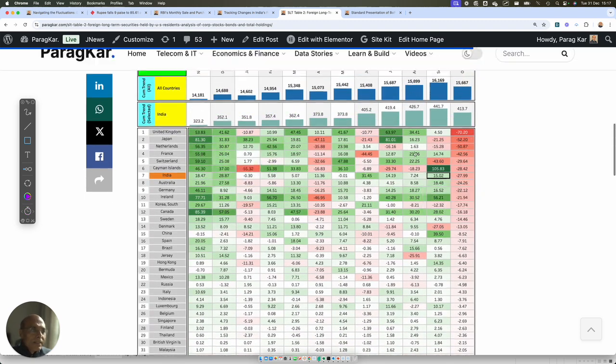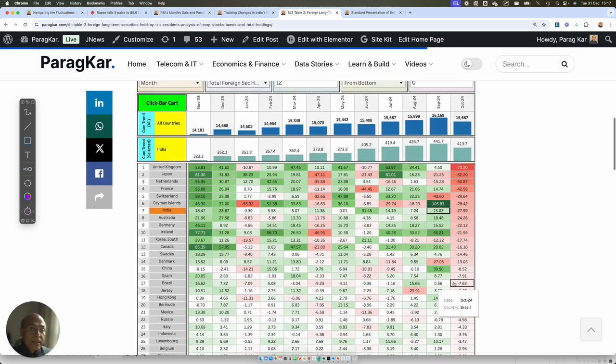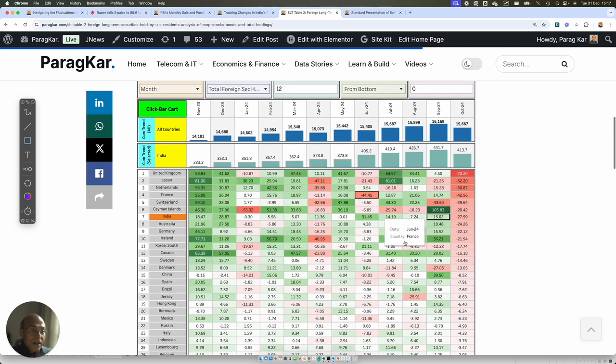You will notice that in the month of October, there has been a huge sale of foreign securities, a dilution of US residents' foreign positions in major countries, which is not seen in the other months.